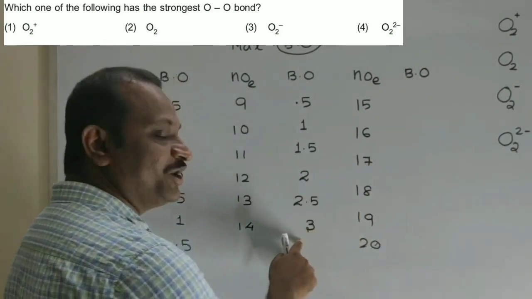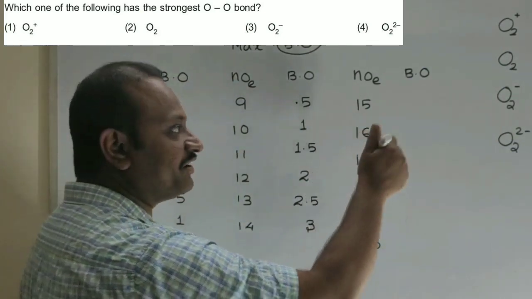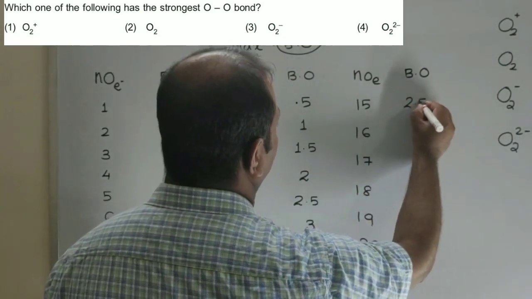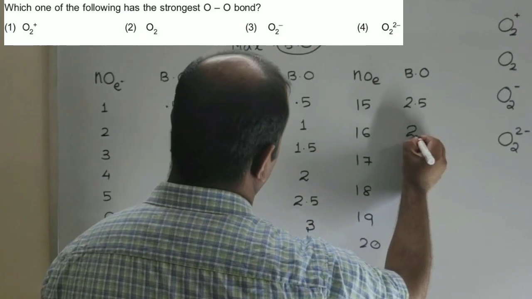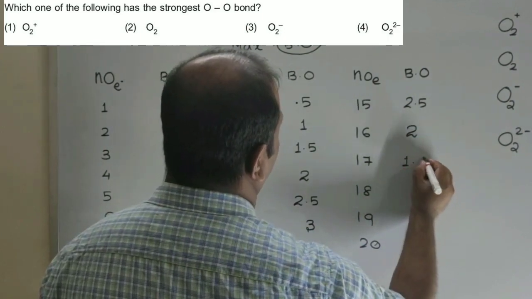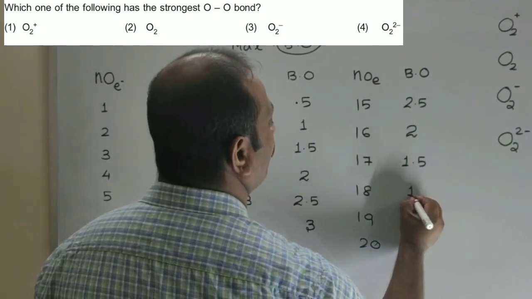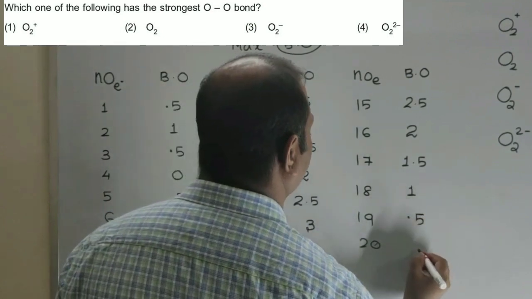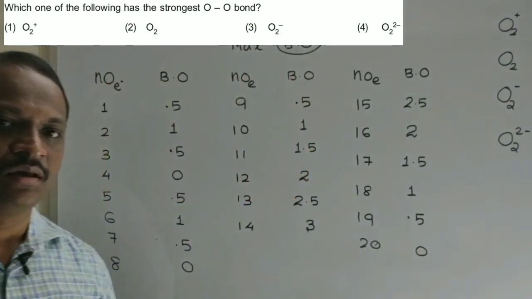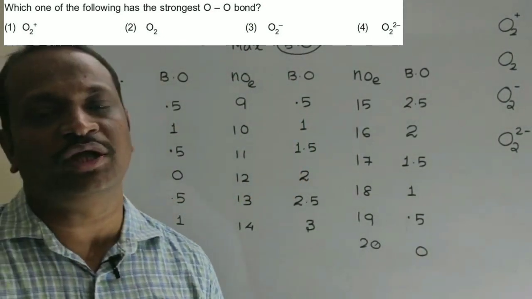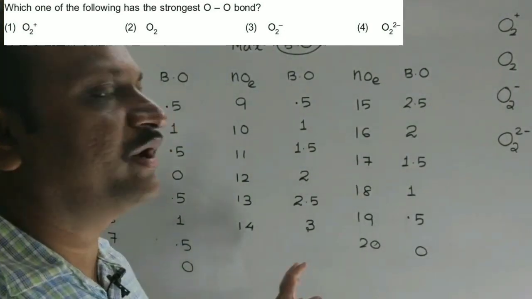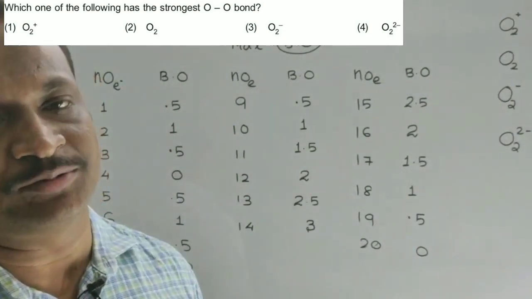Then here the bond order is 3. Now the bond order decreases. So I can write 2.5, next 2, next 1.5, next 1, next 0.5, last is 0. See, no need to know the electronic configuration. Just by the number we can get the bond order.